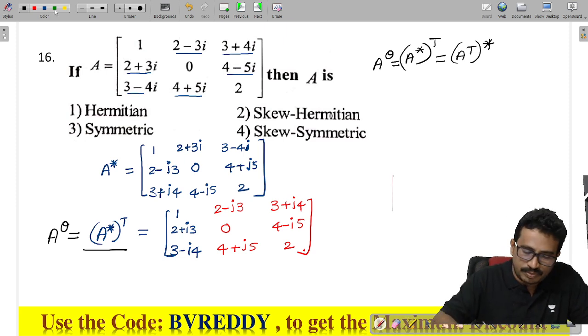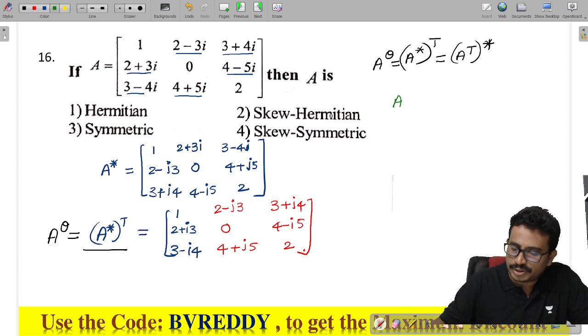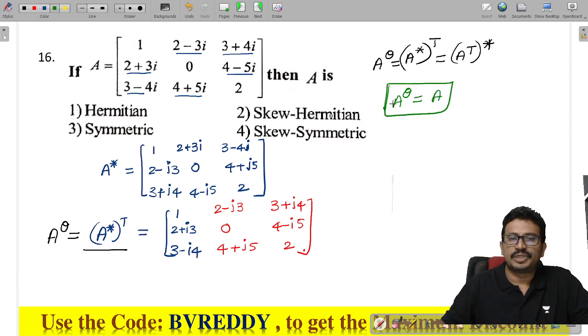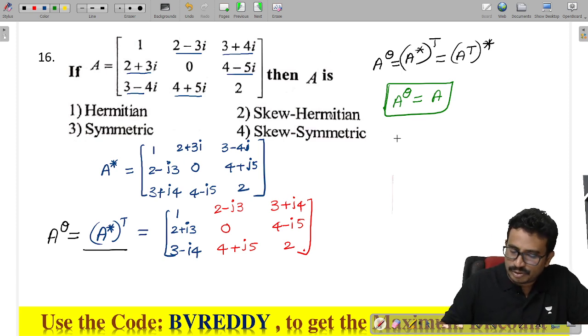Now if you see this matrix, A theta, the transposed conjugate, is also equal to A only, then we call this type of matrix a Hermitian matrix. This type of matrix is called what, you tell me? Hermitian matrix.